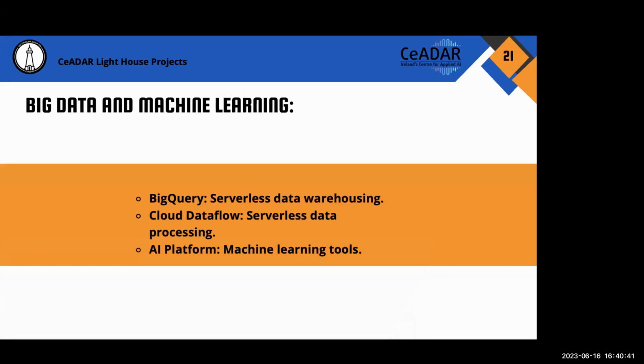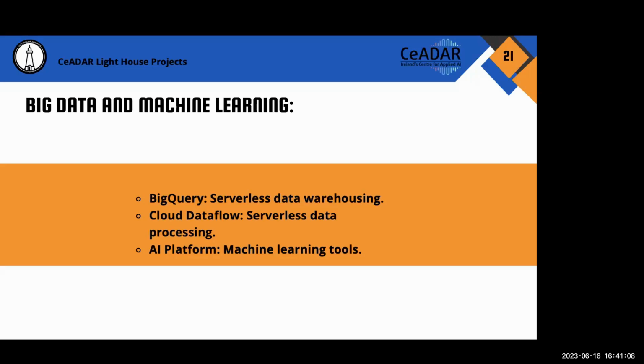Now we will be talking about big data and machine learning. This is our favorite concept, guys, on the AI side. One of the biggest things of cloud with GCP is BigQuery. It's a serverless data warehouse, and it is used by millions of people around the world. It uses a query language to retrieve the data.